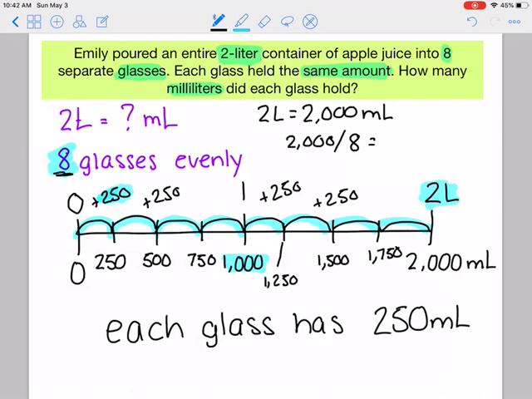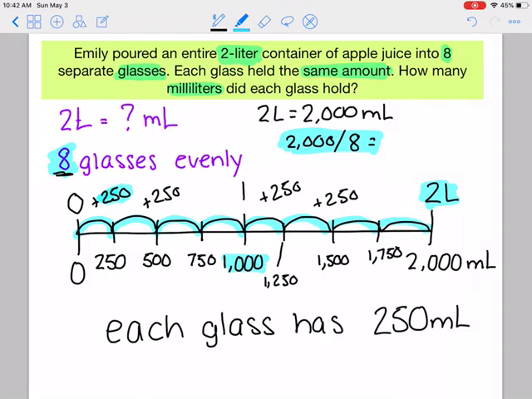So I just showed you 2 ways you can do it. You can do it with division, which is what we're going to be using for our journal pages, or you can use a measurement scale to kind of plot out how many milliliters you would go each time you moved on the number line. Because remember, every number line has to be even. It has to move the same amount every time.